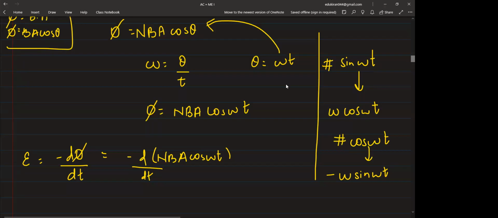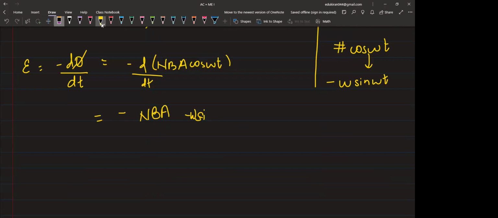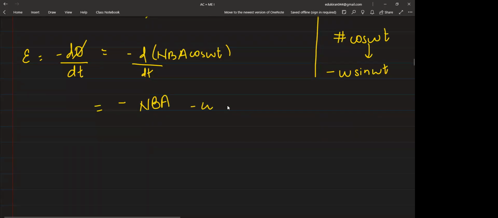Integration also I'll tell you later when we come to the integrals part. So on differentiation, what will it be? Minus NBA, these are common. Cos omega t becomes minus omega sine omega t.